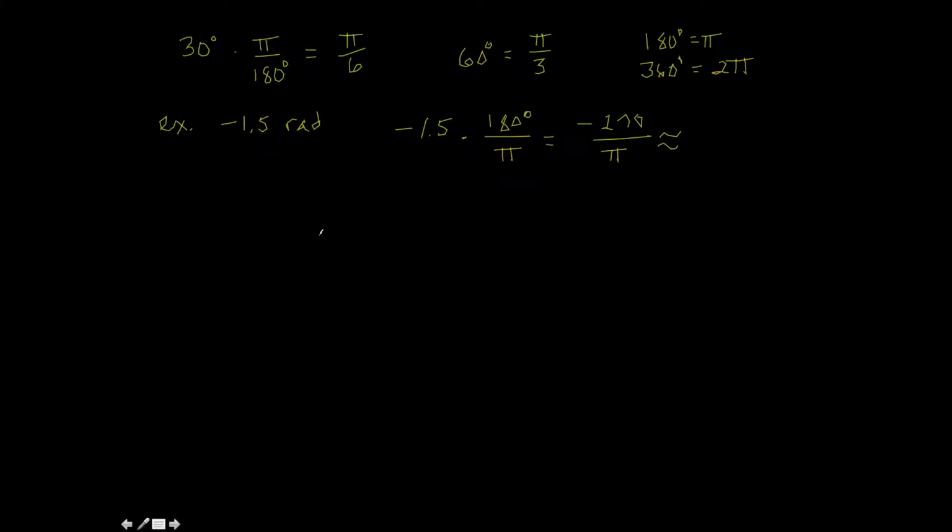So use your pi button, negative 270 divided by pi, and that's going to give you a negative 85.9437 degrees. Okay, so that would be our degrees, converting from radians to degrees.